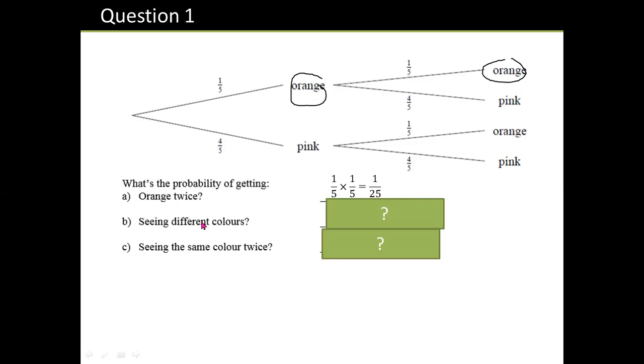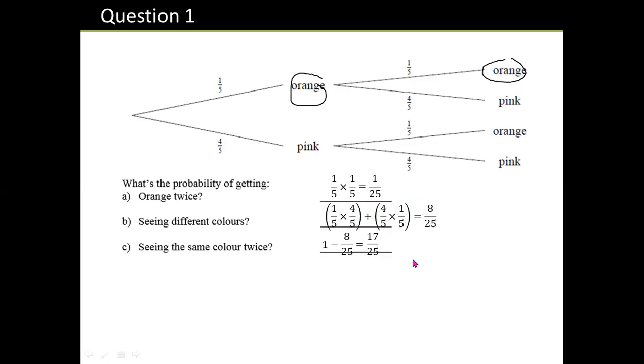Second, seeing different colors. So you have 1/5, 4/5, 1/5, and 4/5, so you have a chance of 8/25. Or the chance of seeing the same color twice.